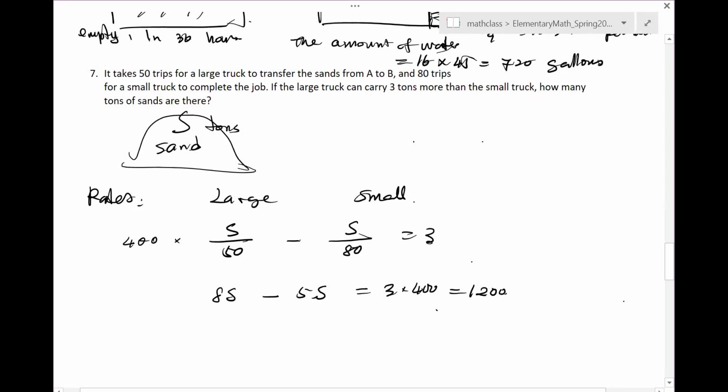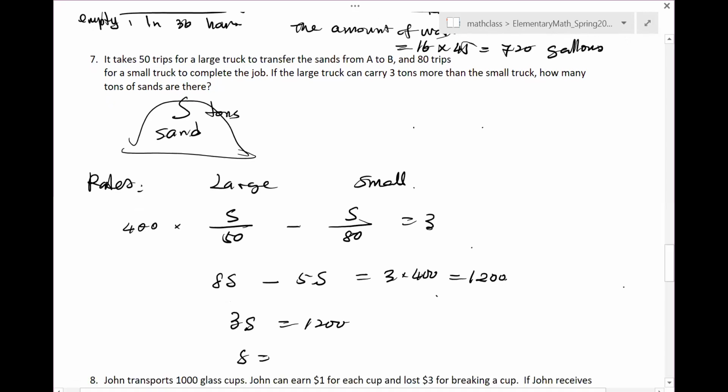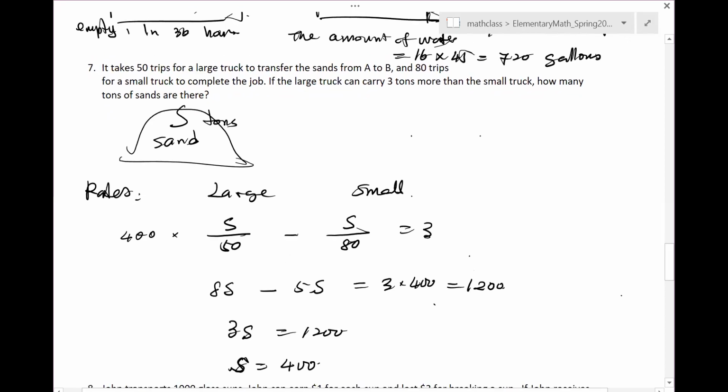Then 400 divided by 80 is 5, right? So that'll be 3S equals 1,200. S is going to be 400. That would be the easiest way, in my opinion, if you know how to set up the equation.